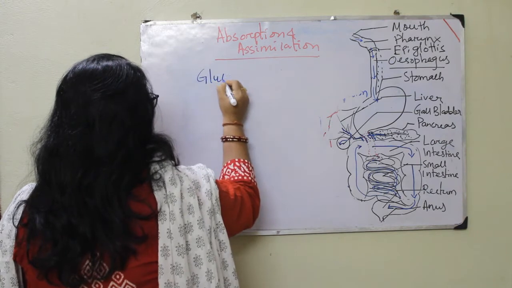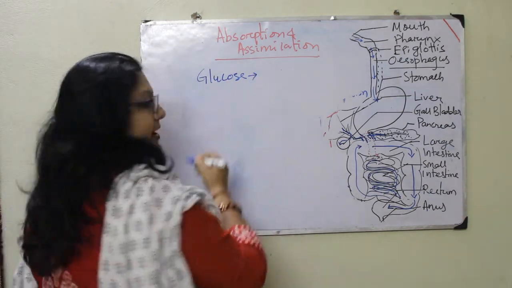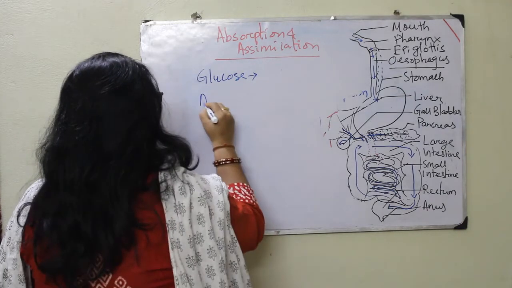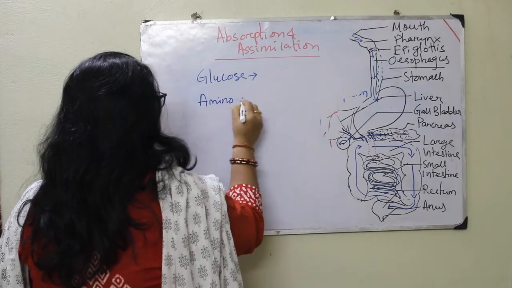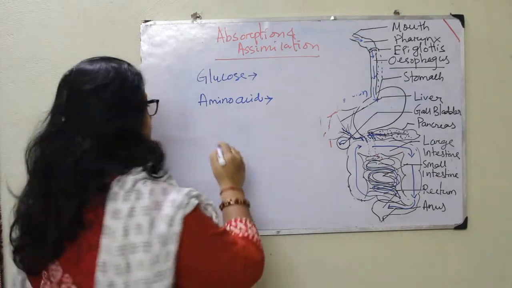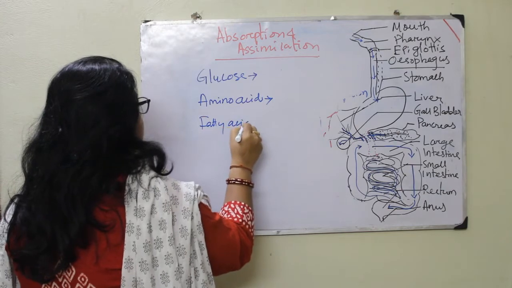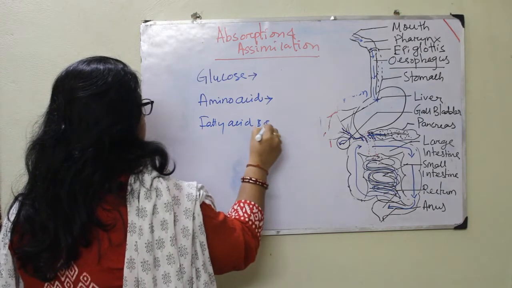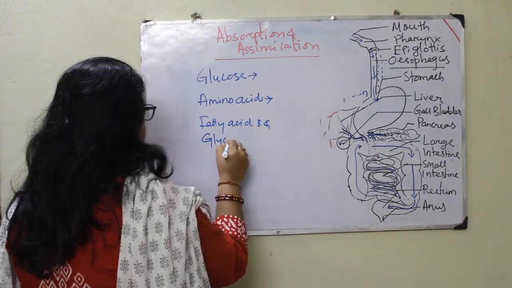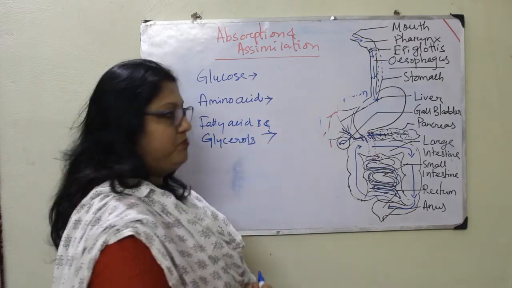Glucose, the carbohydrate simple molecule. The amino acids, the protein simple molecule, and the fatty acids and the glycerols, the fat simple molecule.